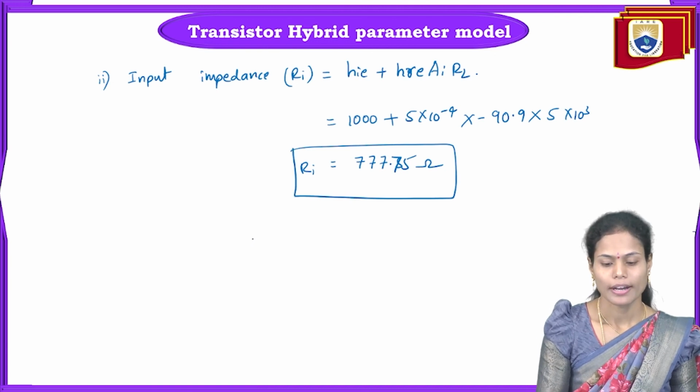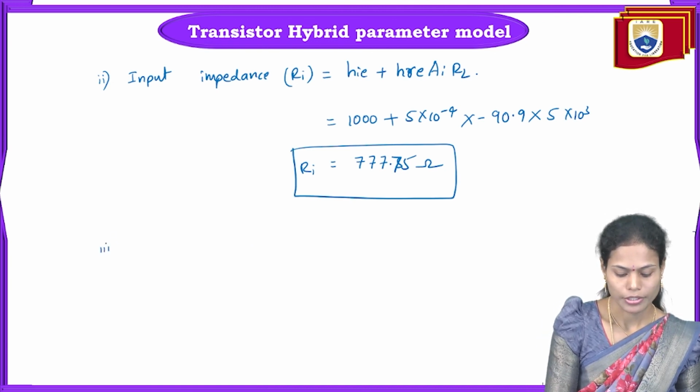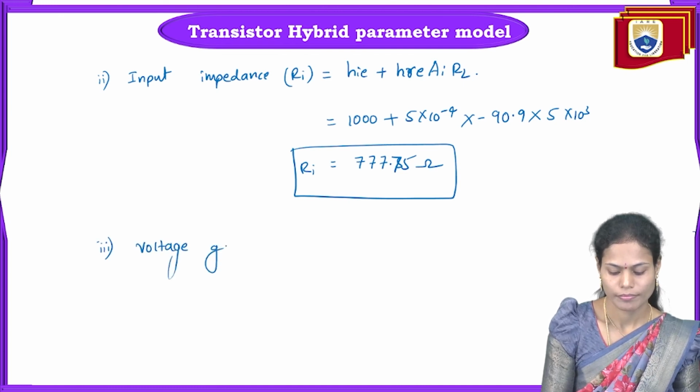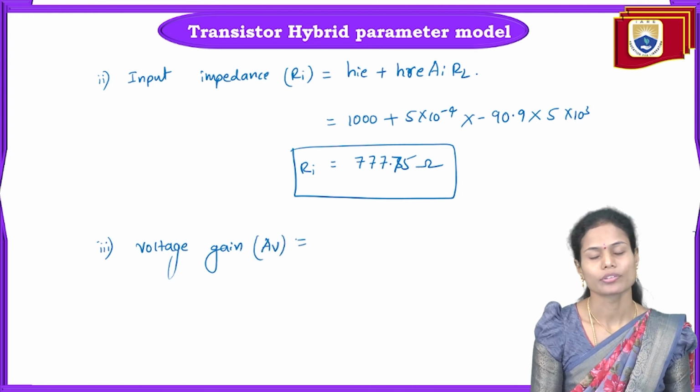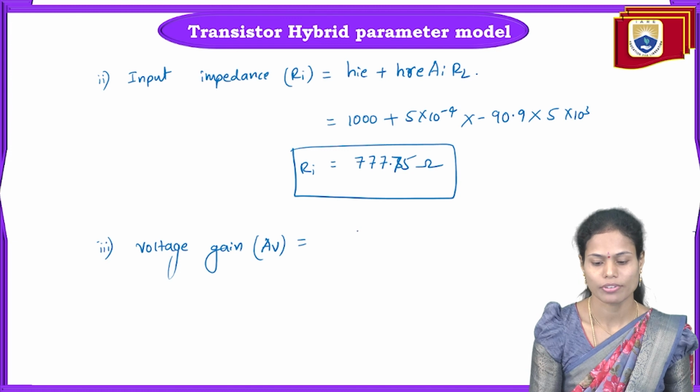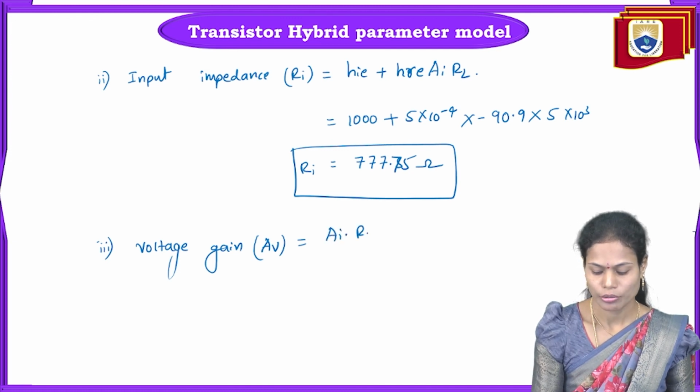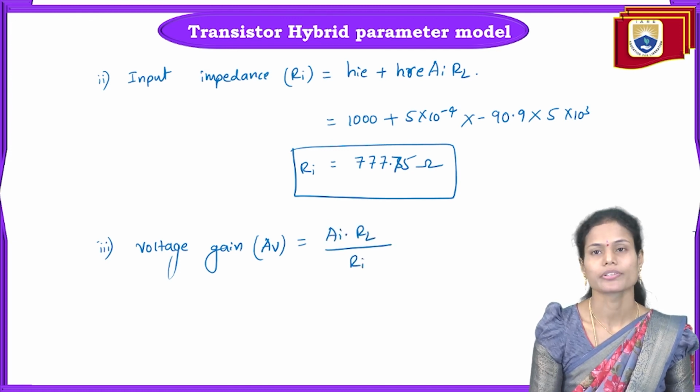And the next parameter is voltage gain AV. In the exact analysis, voltage gain formula is current gain into load resistance by input resistance.